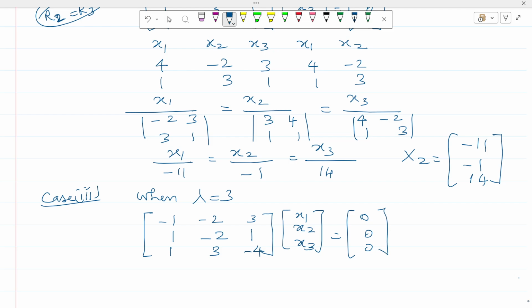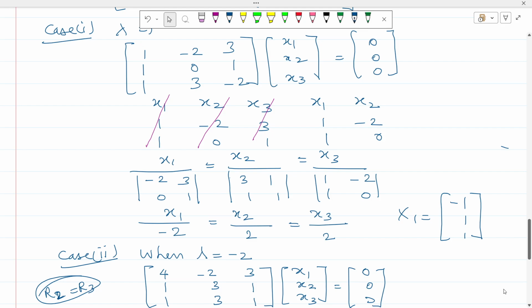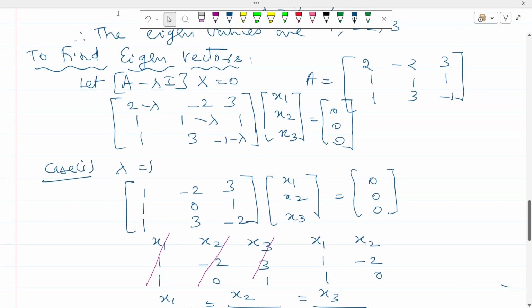Here you have to substitute the value of lambda in this matrix only. Substituting lambda equal to 3: 2 minus 3 is minus 1, 2, minus 2, 3; 1, 1 minus 3 is minus 2, 1; and 1, 3, minus 1 minus 3 is minus 4.